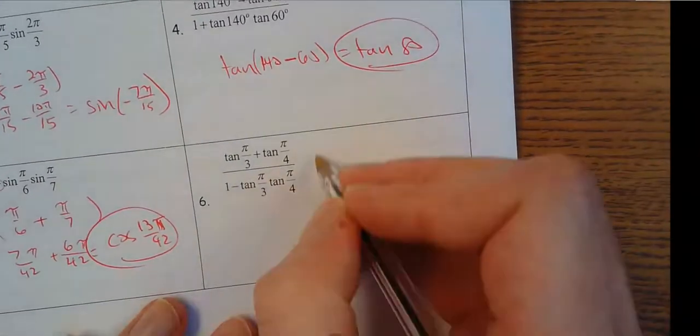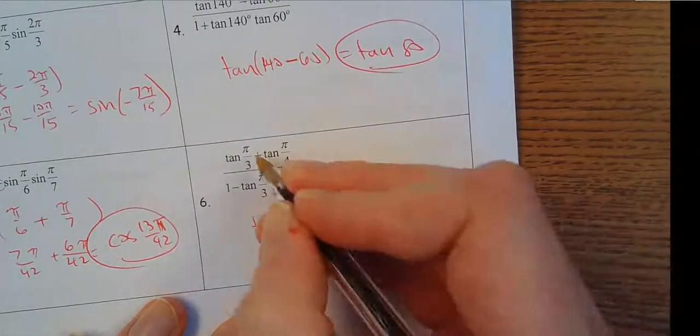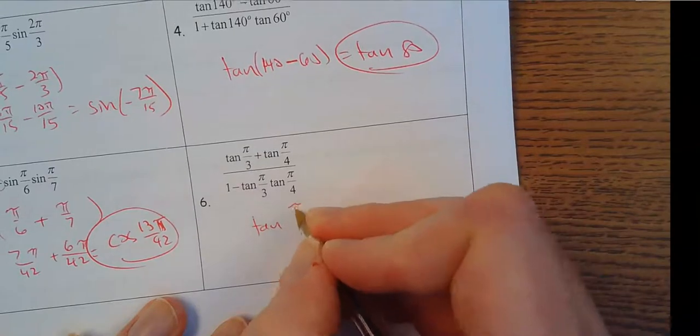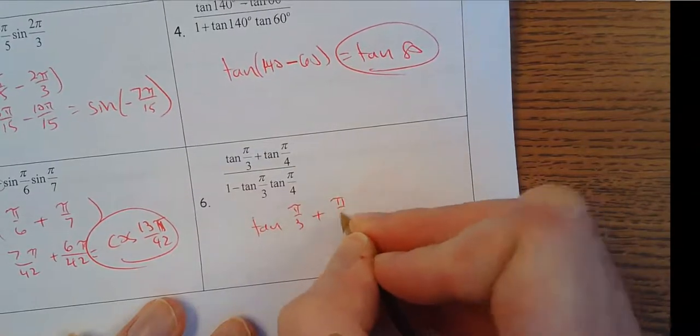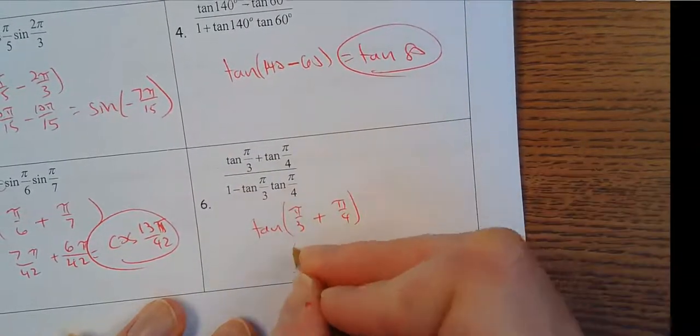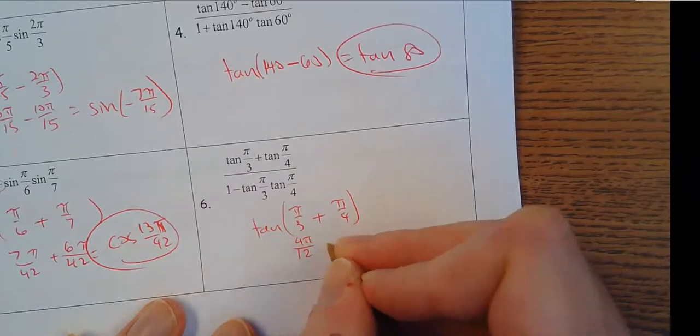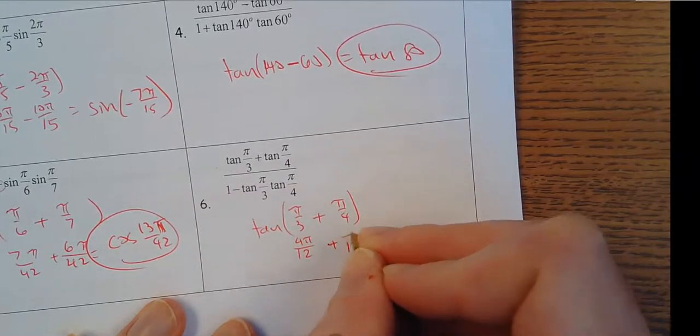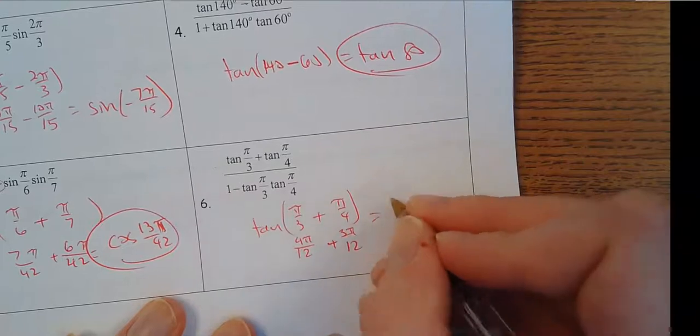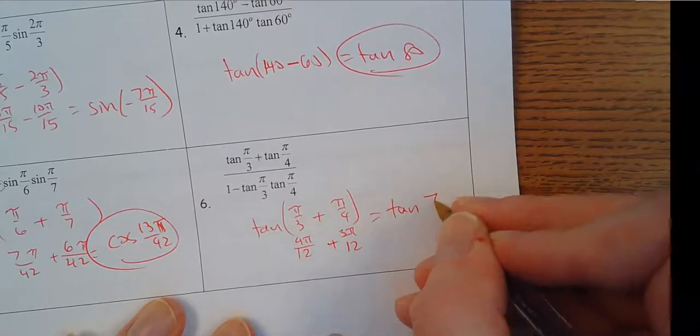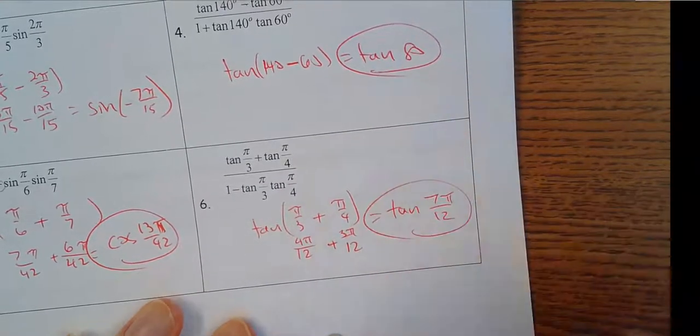And the last guy here, that's obviously a tangent setup. So tangent, the top one matches, pi over 3, pi over 4. So that'd be tangent of 7 pi over 12 is what they're trying to find.